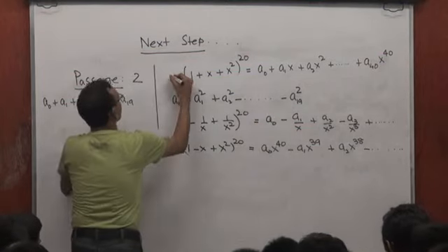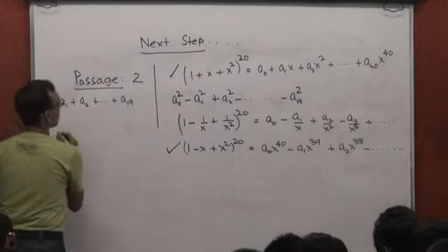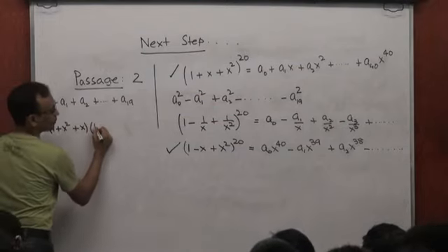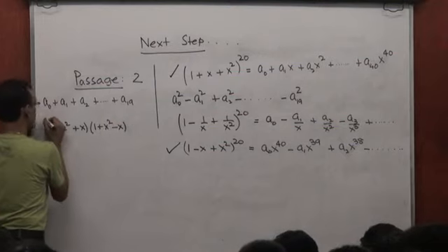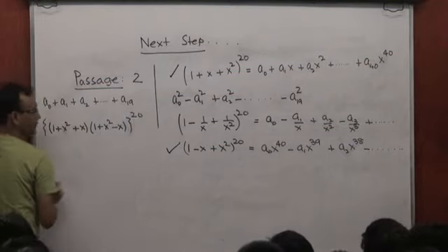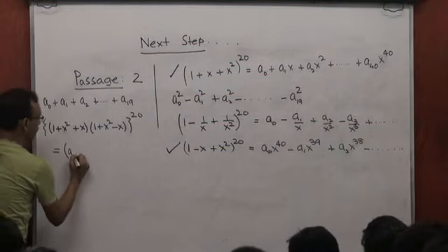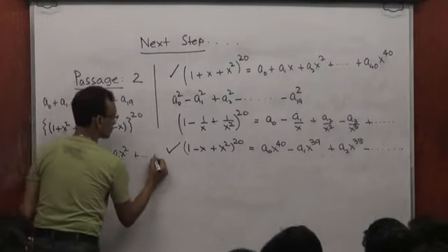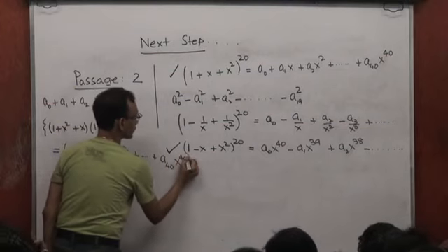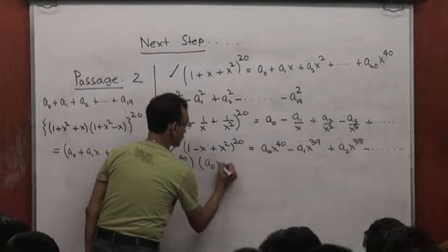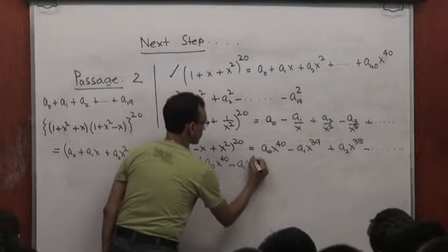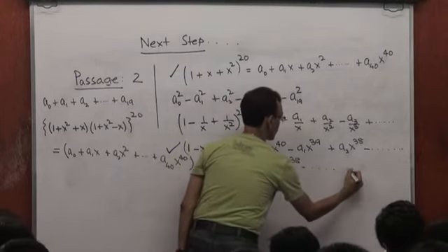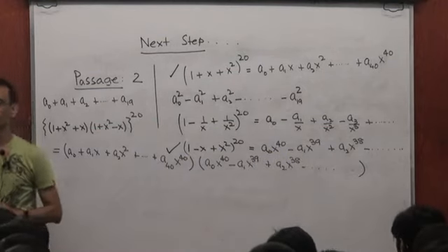So when I multiply this with this, whole to power 20, that's equal to this.